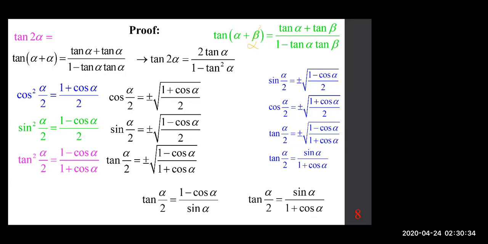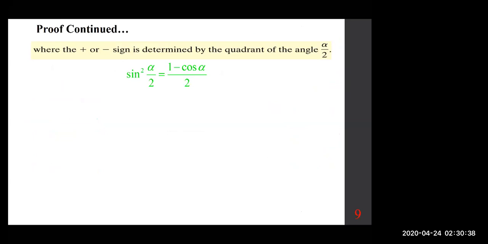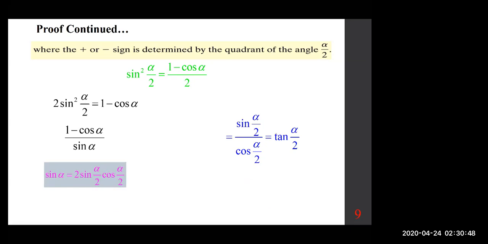All right. As I mentioned, the sign, positive and negative, comes from the quadrant, okay, class? So this was the sign. There are more formulas that we can prove. Sine squared of alpha over 2 from the previous page, if you recall, was 1 minus cosine alpha divided by 2.